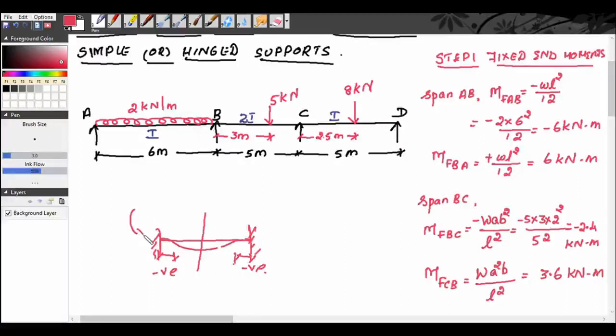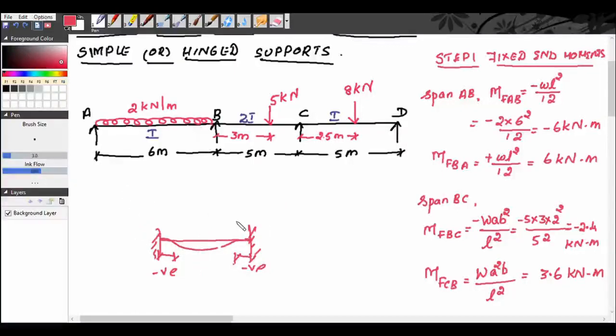So when you are taking the section, the left anti-clockwise becomes negative, and the right clockwise becomes positive. That is the reason the left is anti-clockwise and the right is clockwise. So there plus and minus represent anti-clockwise and clockwise. Anti-clockwise is minus, clockwise is plus.